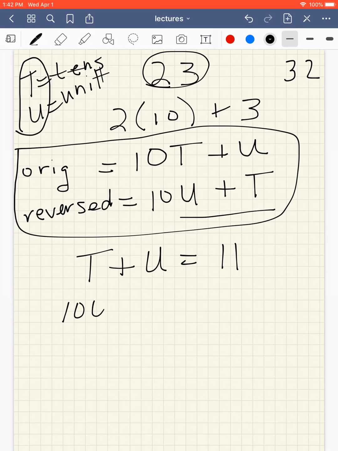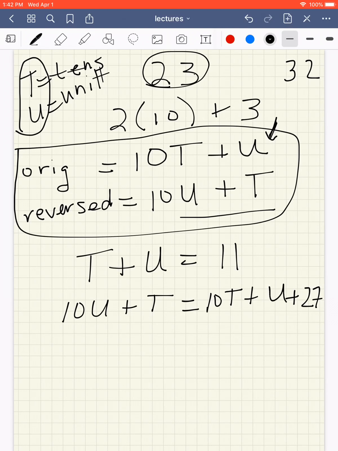The new number equals 27 greater than, so remember at the end we add a 27, the original number. Well, here's the original number, okay? 10t plus u.